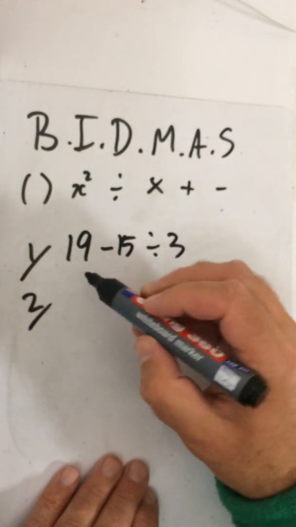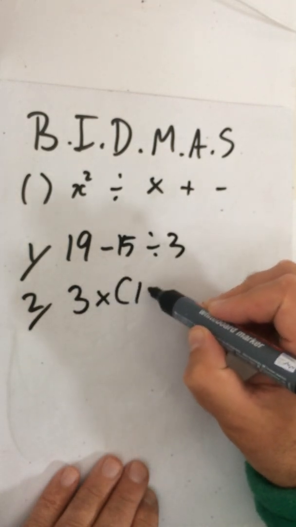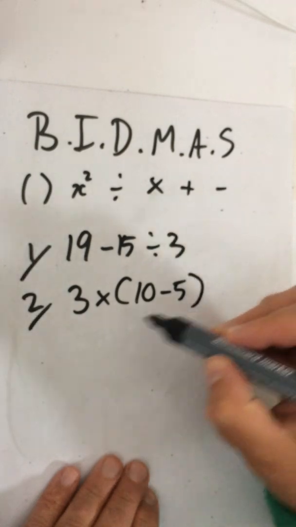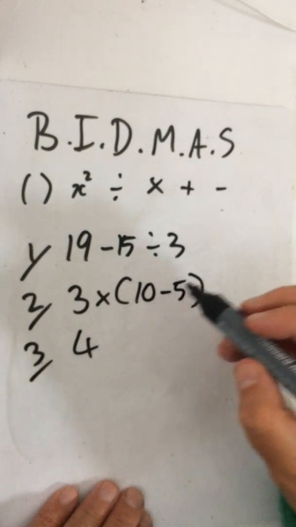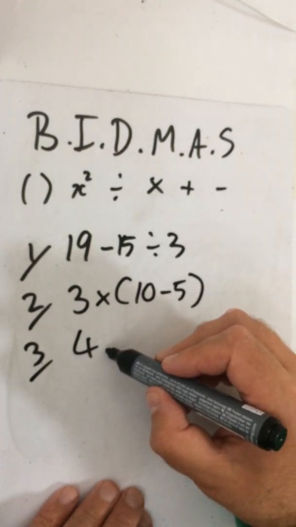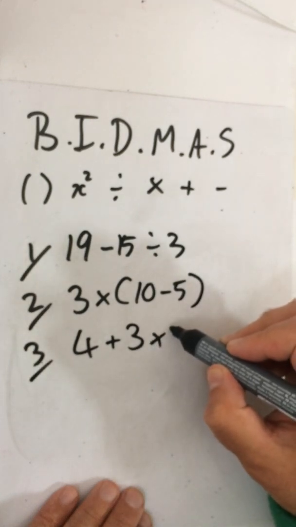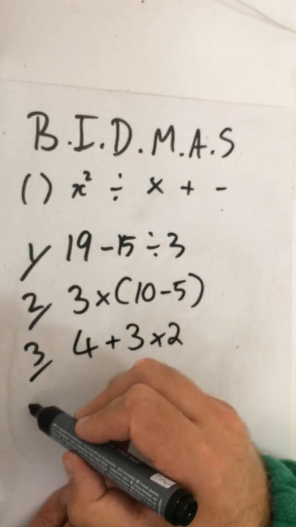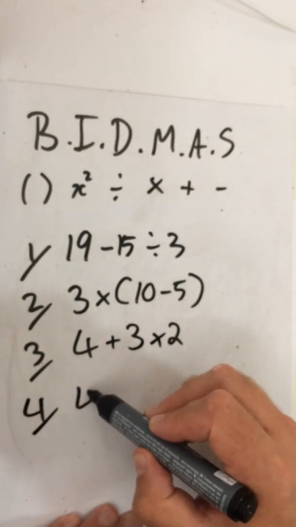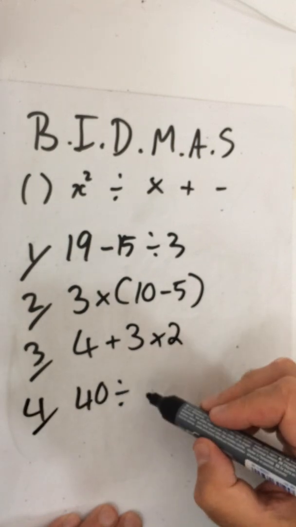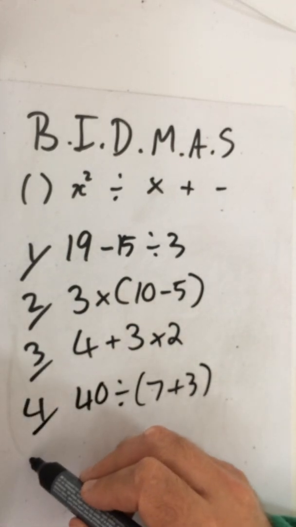Number 1, number 2, number 3, number 4, and then have a go at number 5.